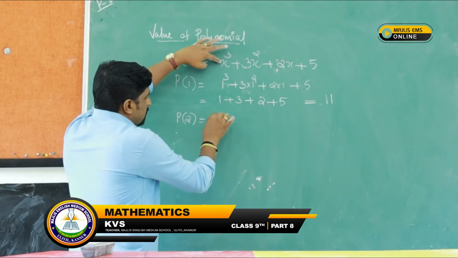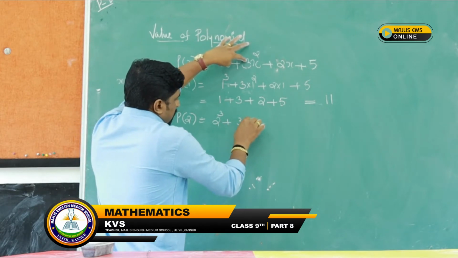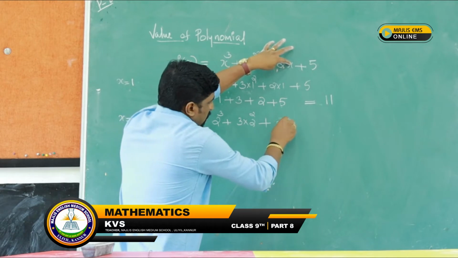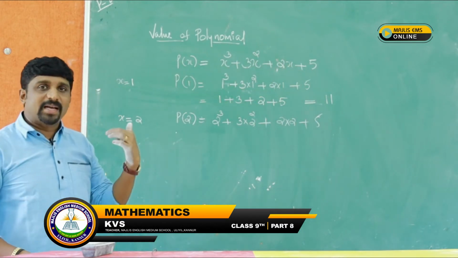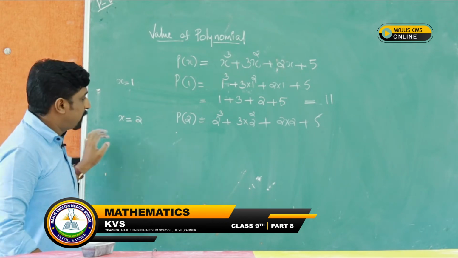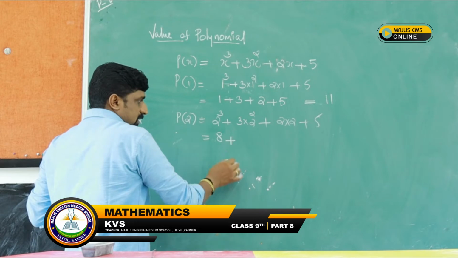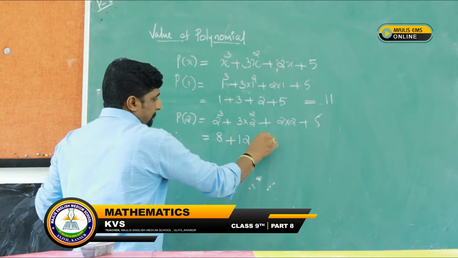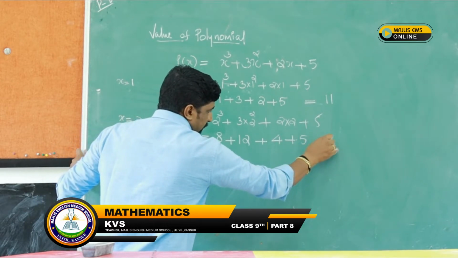Therefore, it becomes 2 cube plus 3 into 2 square plus 2 into 2 plus 5. 2 cube is 8, 2 square is 4, 4 into 3 is 12, 2 into 2 is 4, plus 5.